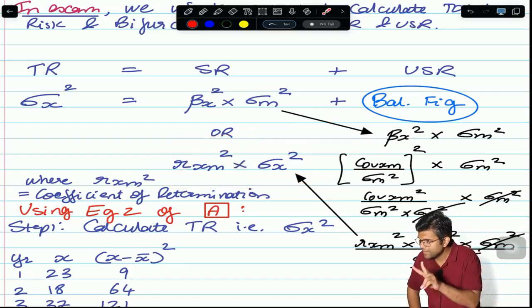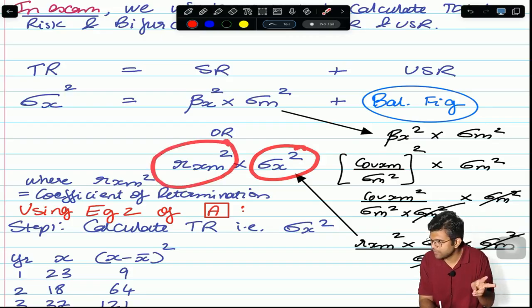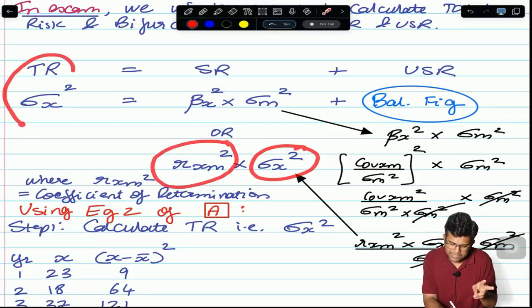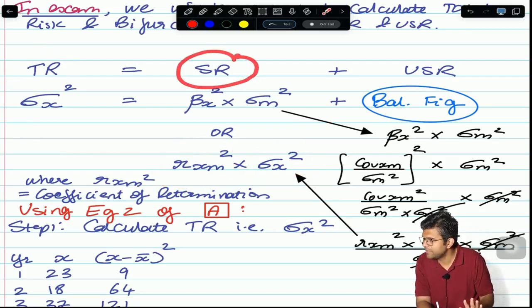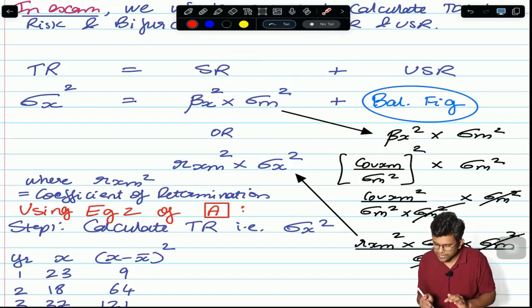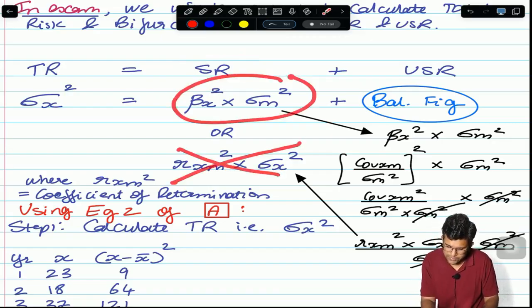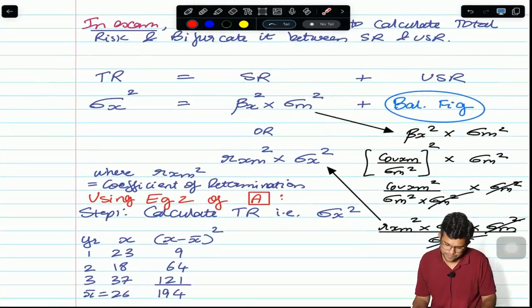So variance into coefficient of determination is explained variance. Explained means basically I can explain it is happening because of m, like that. Everyone clear? That is what statistics operate, but you don't need to know this. In fact, you don't even need to know this. Just this much is enough. Everybody clear? One formula is enough.